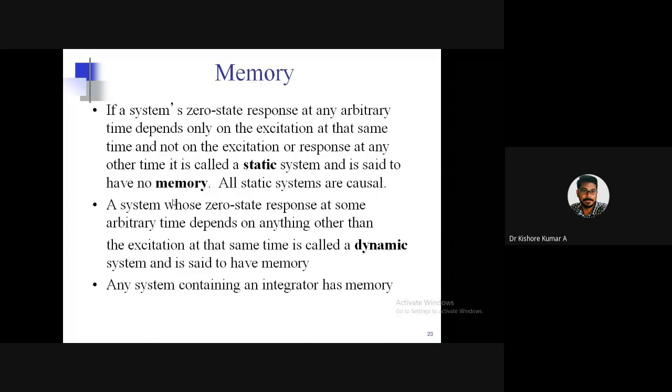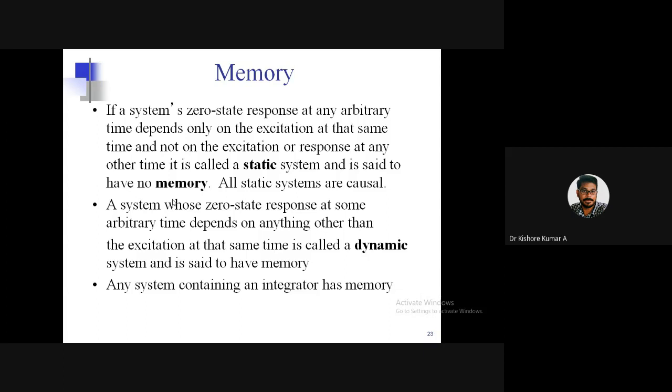And memory systems or memoryless systems. You all know that. Whenever a particular system has the ability of storing something, it is a memory system. If it does not, then we have a memoryless system. If a system's zero state response at any arbitrary time depends only on the excitation at the same time and not on the excitation or response at any other time, it is called a static system and is said to have no memory. So all static systems are causal.